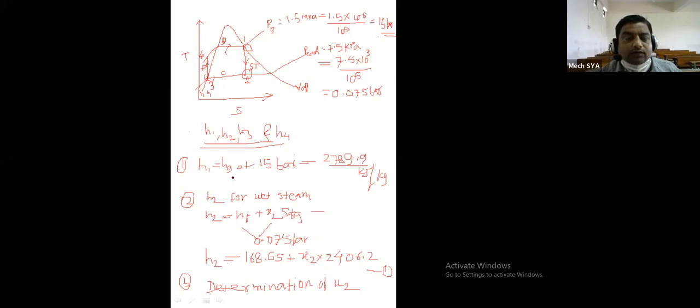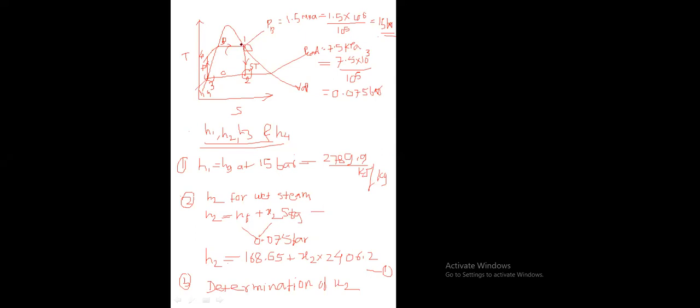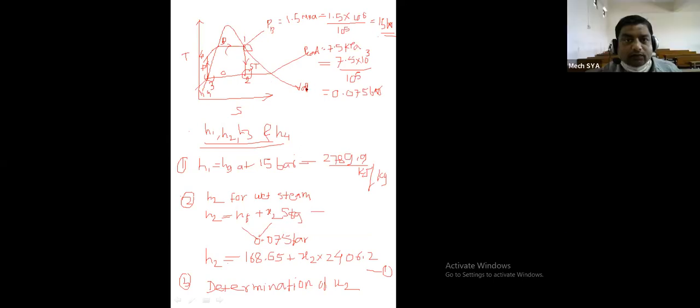H1 is equal to Hg at 15 bar, because this point lies on the vapor line. Therefore, H1 is equal to Hg at 15 bar. We have to refer to steam table number 2, where the saturation pressure for water is given.